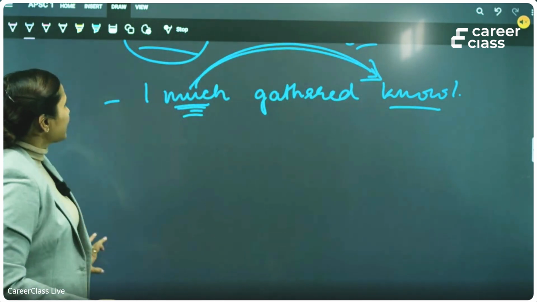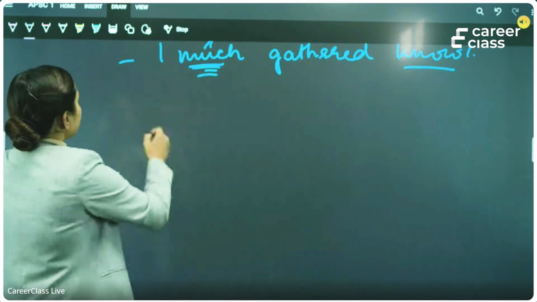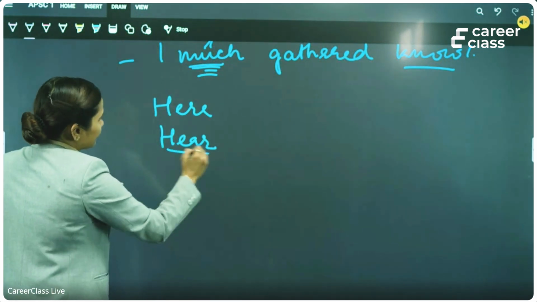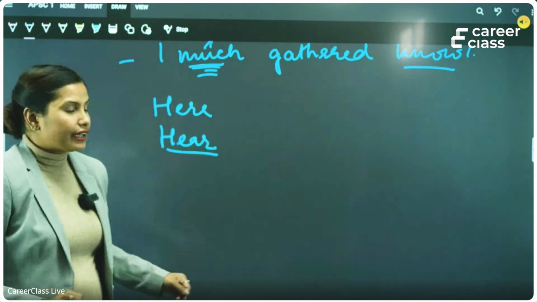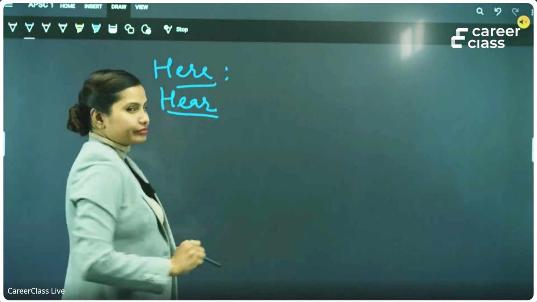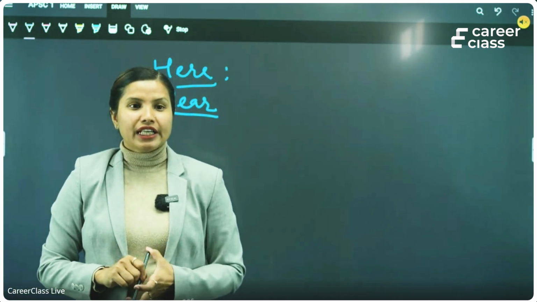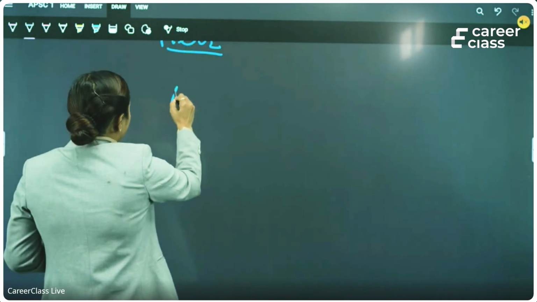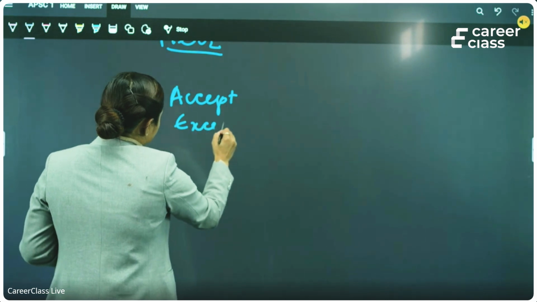Okay, so Reena, can you give me an example with any of these words? Here and here. These are the words that we already covered, right? Dipti will give me an example with accept and except.